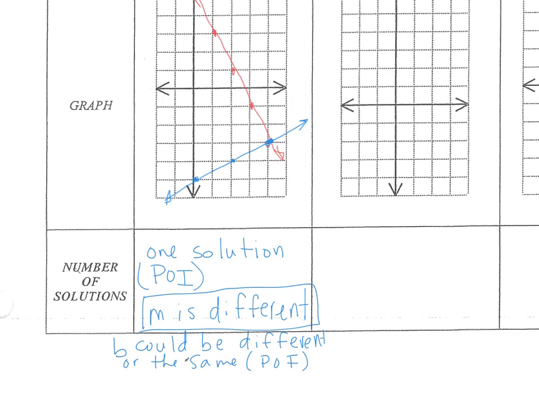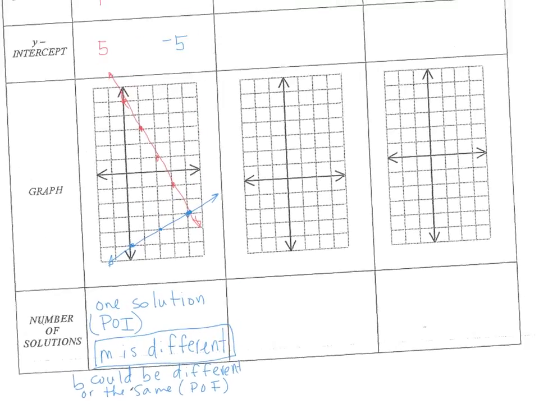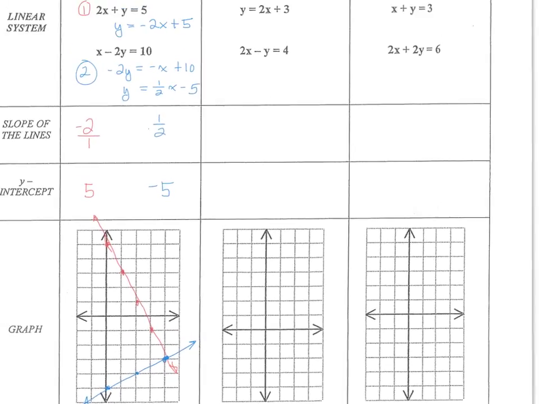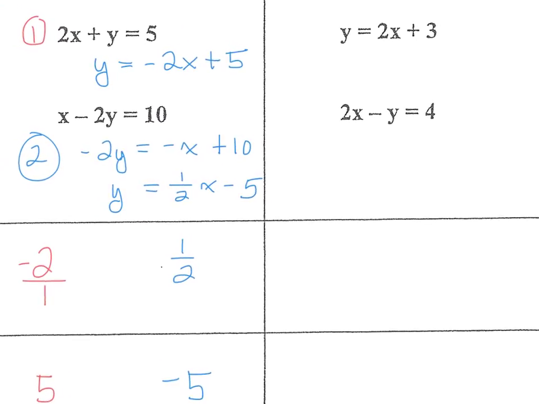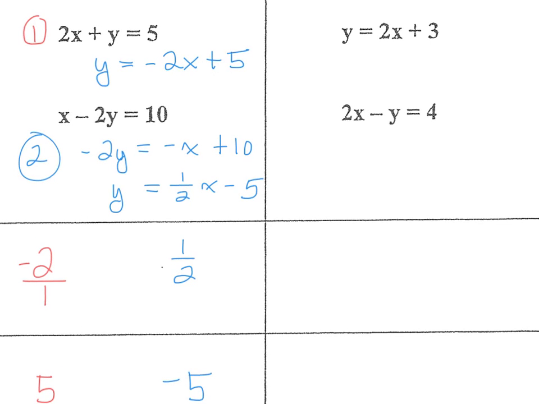If the slope is different, you've got one point of intersection, as long as the slopes are different. That's why I'm saying you just need to look at the lines. Right away, I see here negative 2 is my slope and 1/2 is my slope.